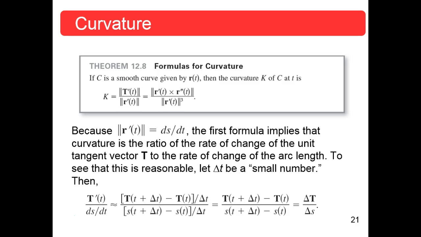That's your definition of the derivative of your unit tangent vector, divided by ds/dt, which is s of t plus delta t minus s of t over delta t.